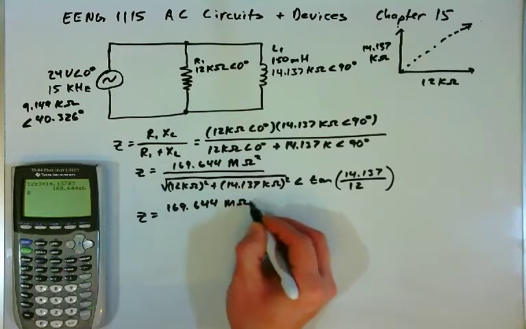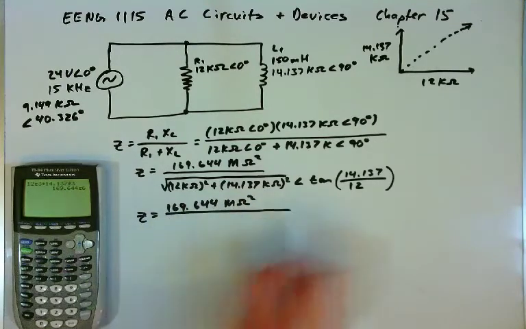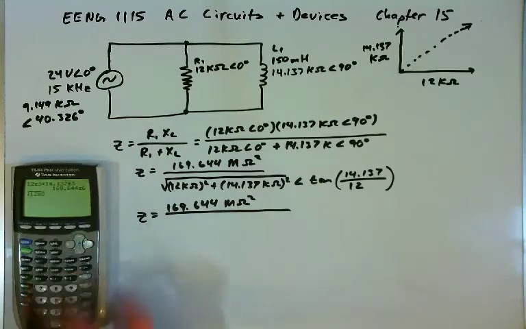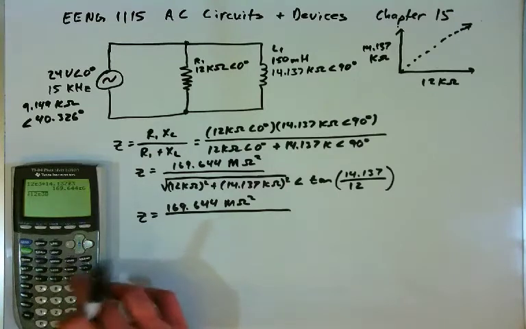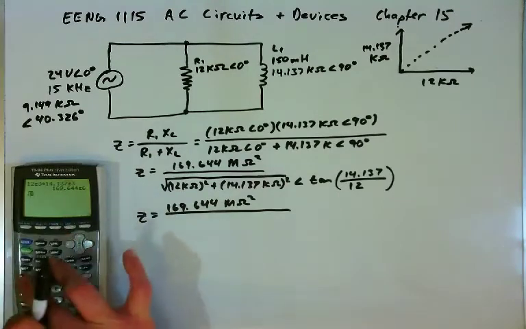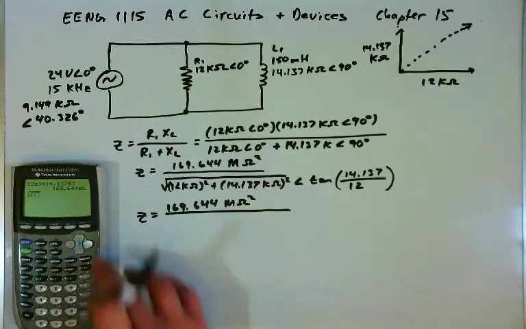So our total impedance will be 169.644 mega ohms squared divided by, and so we'll take the square root of 12 kilo. Let me do that again.